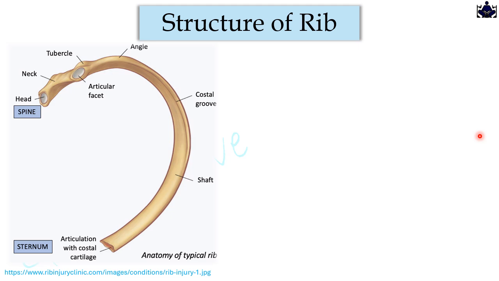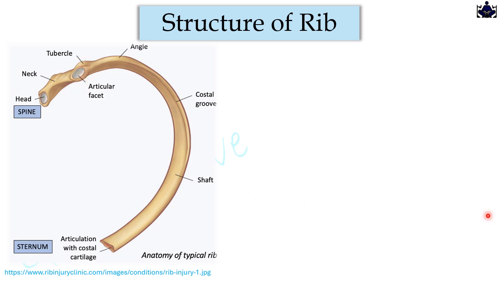The tips of the transverse processes of these vertebrae also have facets for attachment of ribs, where the tubercles of the ribs are attached. So, in short, the head attaches to the demifacet of the pedicel and the tubercle attaches to the demifacet of the transverse process.